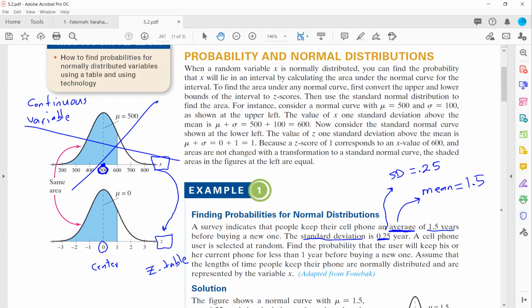Next, a cell phone user is selected randomly. Randomness is very important. To avoid bias, we have to use a random process.